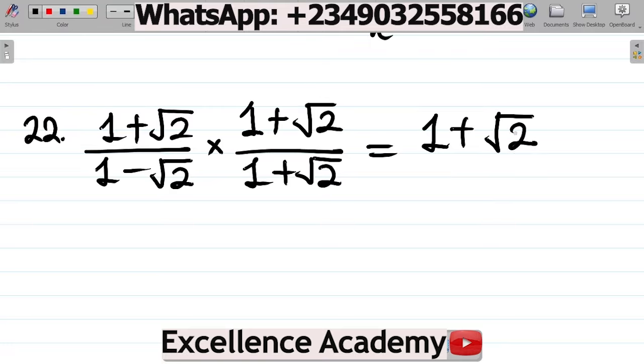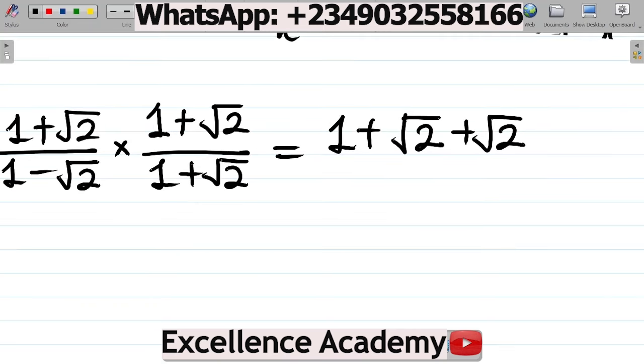Use the next term, plus root 2. Root 2 times 1 gives you plus root 2. Then next, you have root 2 times root 2, which gives you plus 2. This is all over the denominator.